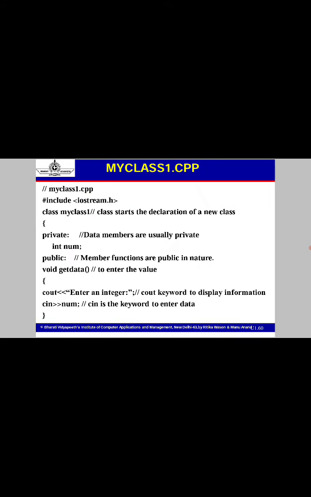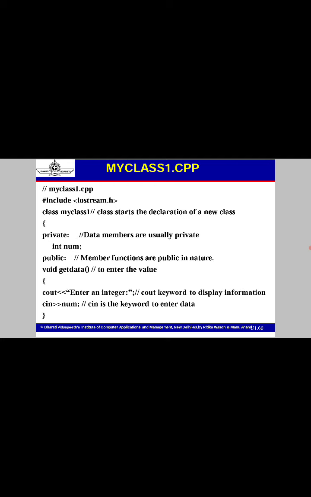So this is a simple example. First we declare #include iostream.h. Next is the class definition: class myclass1, with private, public, protected. There are three types of access specifiers: private, public and protected.